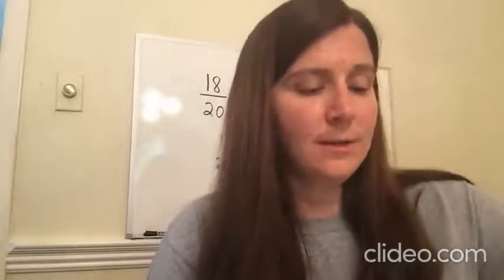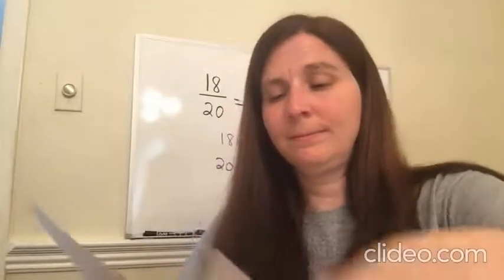So when we do this, you would color in 3 entire rows and then 5 squares on the next row. So that would be 35 out of the 100 squares. So our fraction would be 35 over 100. The decimal is 0.35.